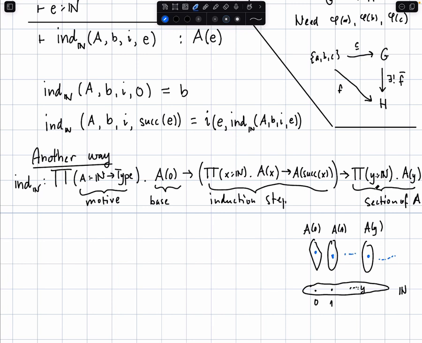So it's always about maps out of my type, just like the universal properties of free objects in algebra. Free objects in algebra are described by morphisms out. And this is a morphism out of M. Except because things are dependent, it's a section, it's not just a map. It's a dependent map.